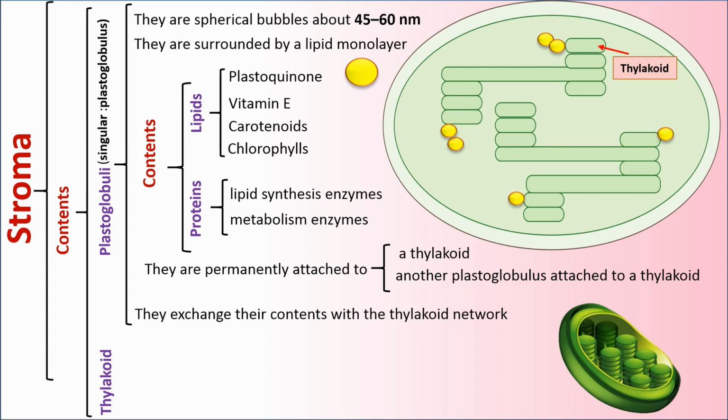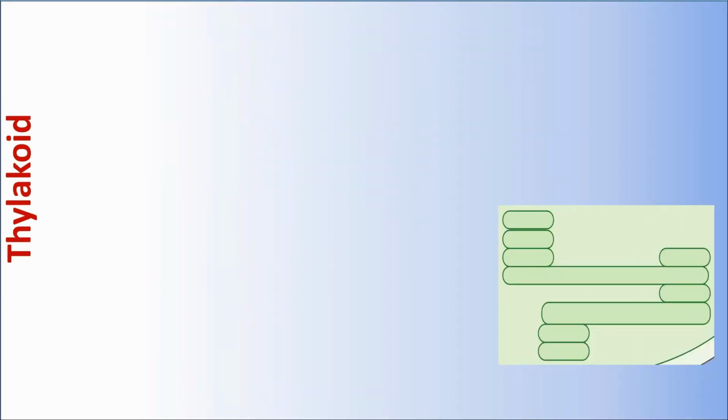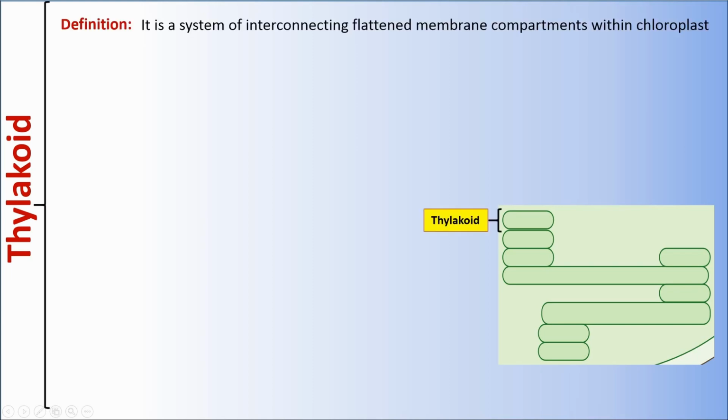Another content of a stroma is thylakoid. They are small disc-shaped sacs within a stroma. Thylakoid is a system of interconnecting flattened membrane compartments within chloroplast. Thylakoid structure. Thylakoid has two parts in its structure.